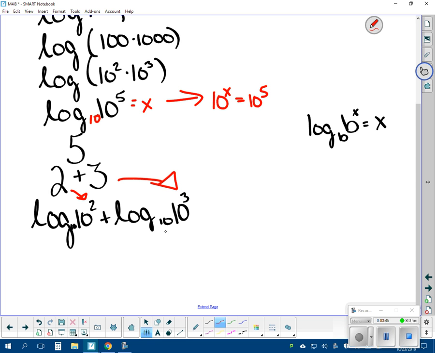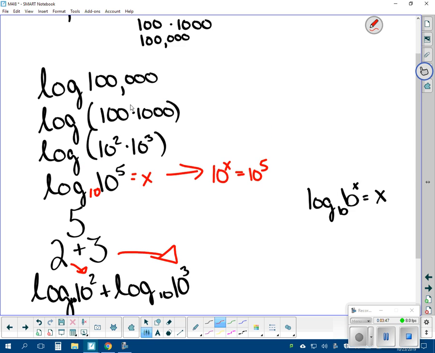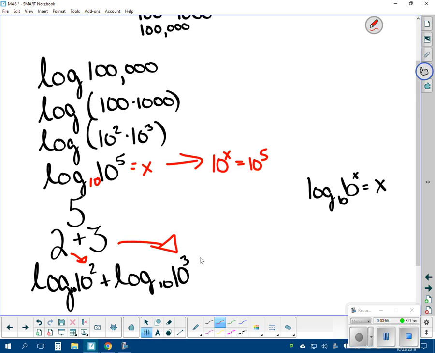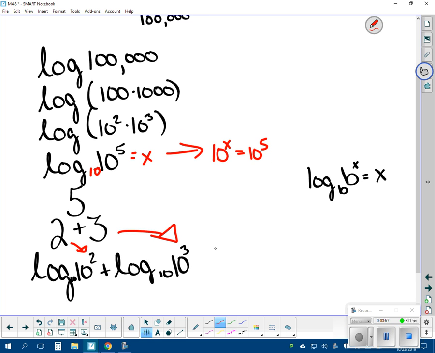So you're probably sitting there like, why the heck did you do all of this? Because from the very beginning, we could have just figured this out and it wouldn't have been a big deal. It was just 5. Why did we do all this? Well, the point of doing this is because we are going to have 3 big properties that we learned today, and this is the first one.